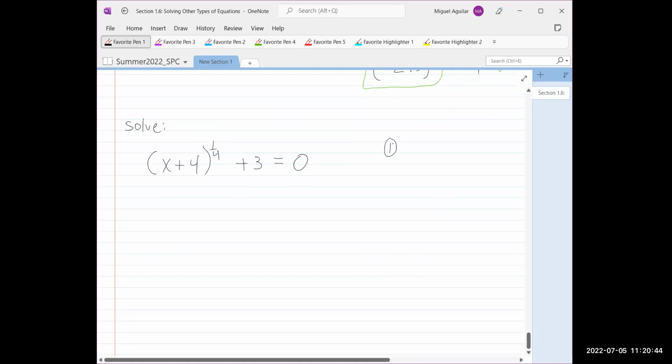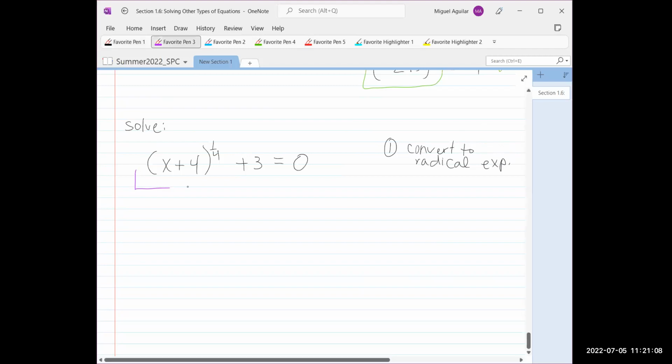We want to make sure that those are isolated first. So isolate. Well, I'll say convert. Let's go ahead and write it this way. Convert to a radical expression. Okay.